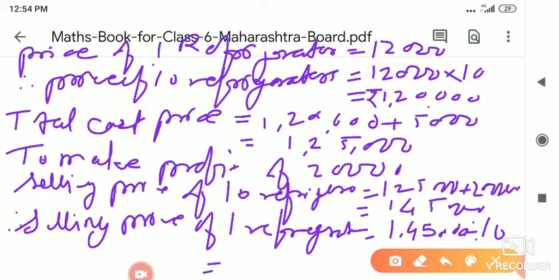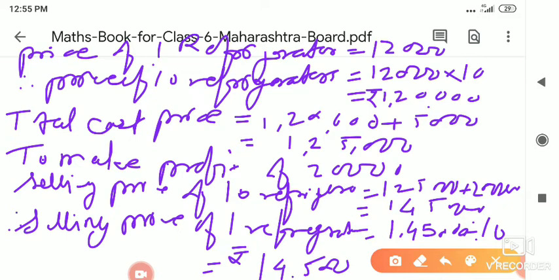The 0 cancels with the 0, and we get 14,500. So if Indrajit sells one refrigerator for 14,500, then he will make a profit of 20,000.